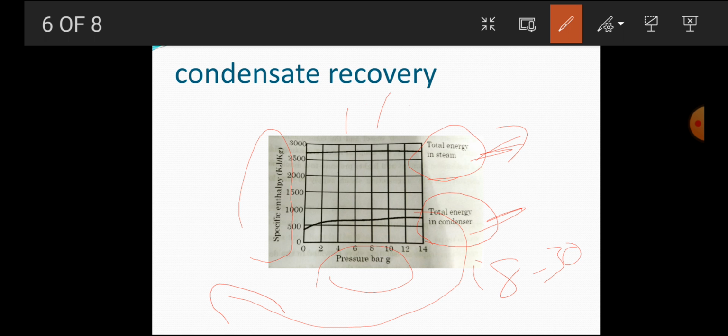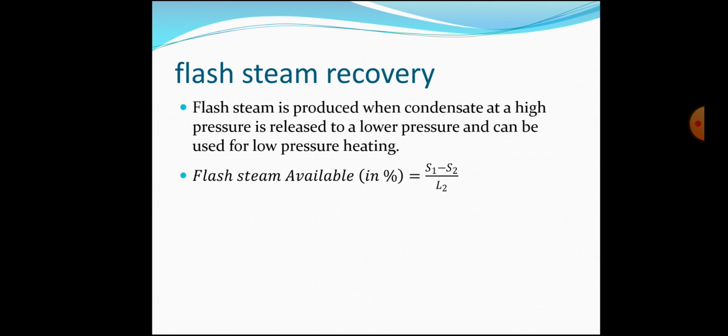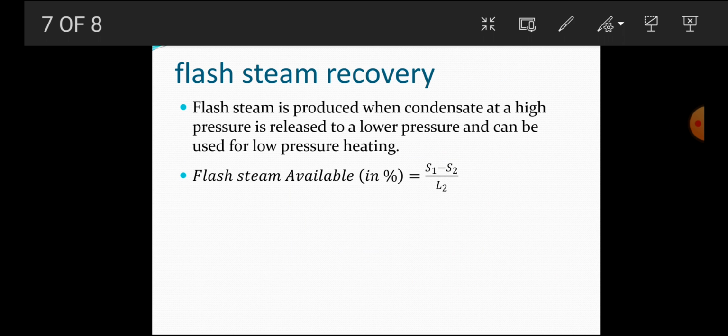Then next is flash steam recovery. Flash steam is produced when condensate at a high pressure is released to a lower pressure and can be used for low pressure heating.